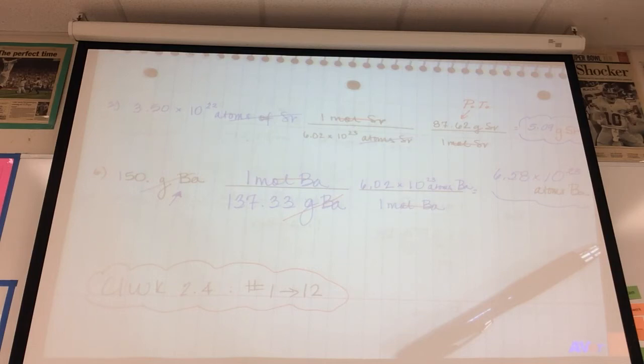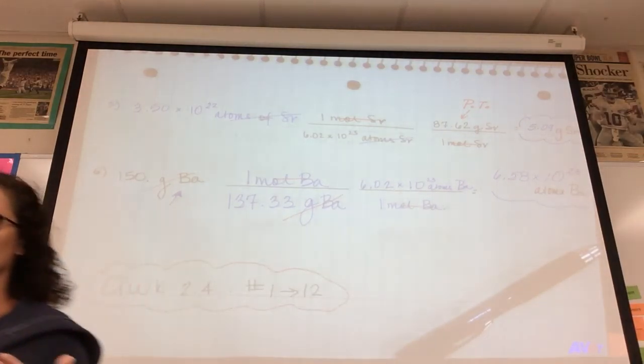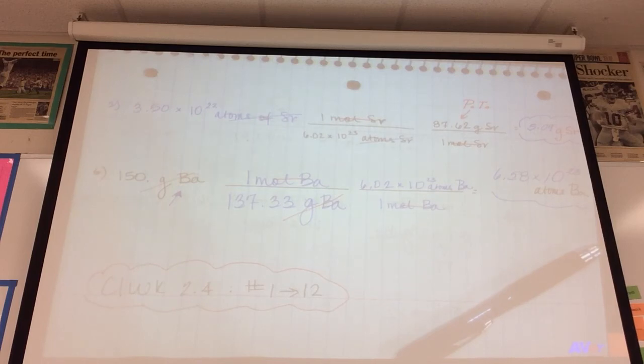This chapter is really, really important for success in chemistry. I think it will be a relatively easy chapter for you because it's so math-based and you're so strong in math, but it really does require practice. On your classwork, 2.4, you can now do 1 through 12.